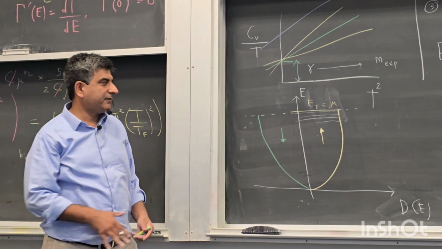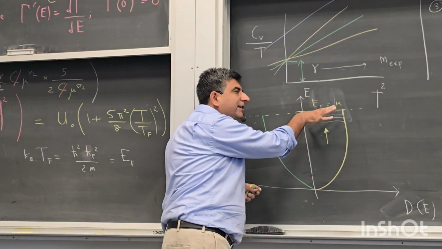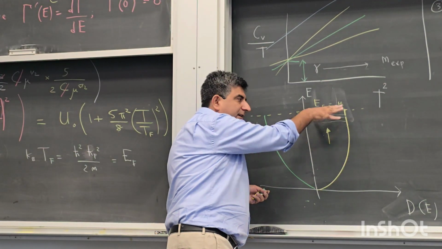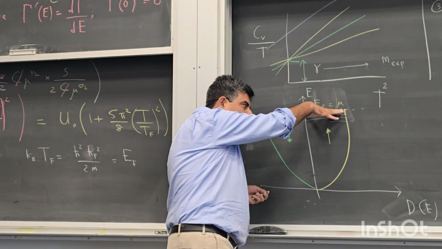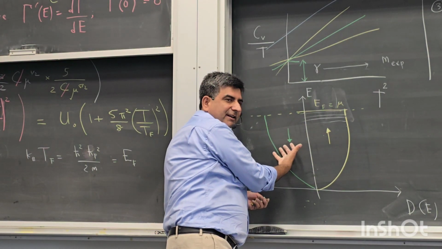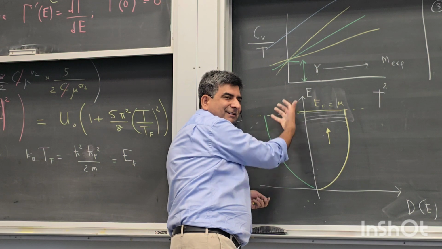Now when I apply a magnetic field, this entire, so far it's not a band, but let me use this word very loosely, this band of spin up electrons is going to be lowered, and this band of spin down electrons, which are anti-aligned, their energy is going to rise.